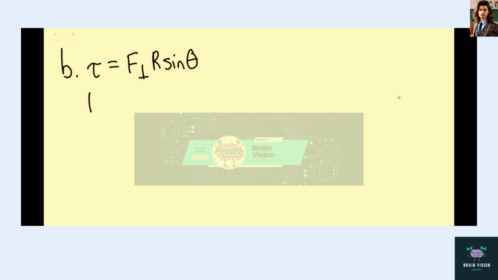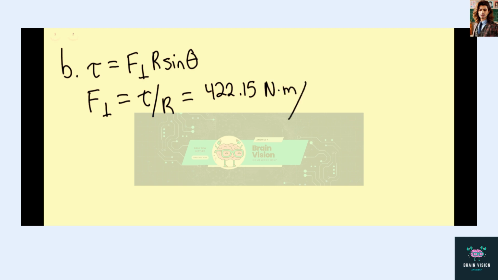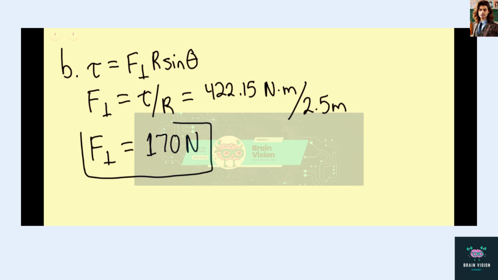And the force at the edge would be equal to the torque divided by r, or 422.15 Newton meters divided by the radius of the merry-go-round, 2.5 meters. And we find that the force needed at the edge would be approximately 170 newtons. So we have to round to 2 significant figures. This is your answer for part B.